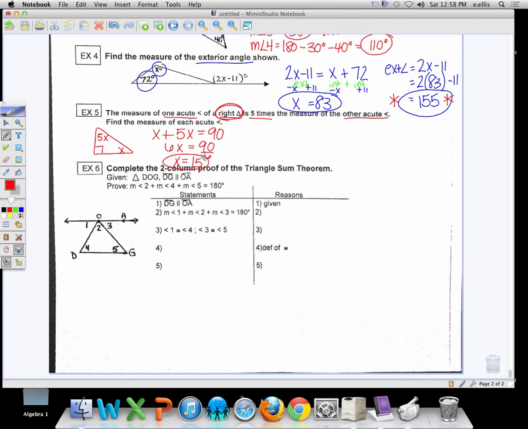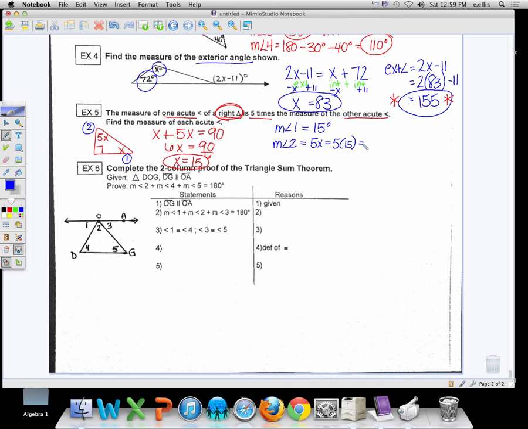Now again, beware here. They want the measure of each acute angle. So let's kind of give them names here. We'll call this 1 and this one 2. The measure of angle 1, well, if we found x to be 15, will be 15 because it's x.